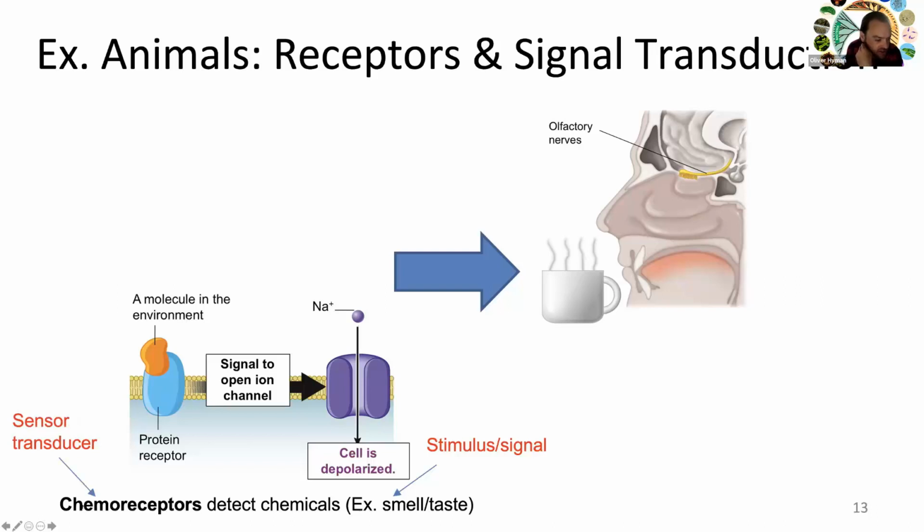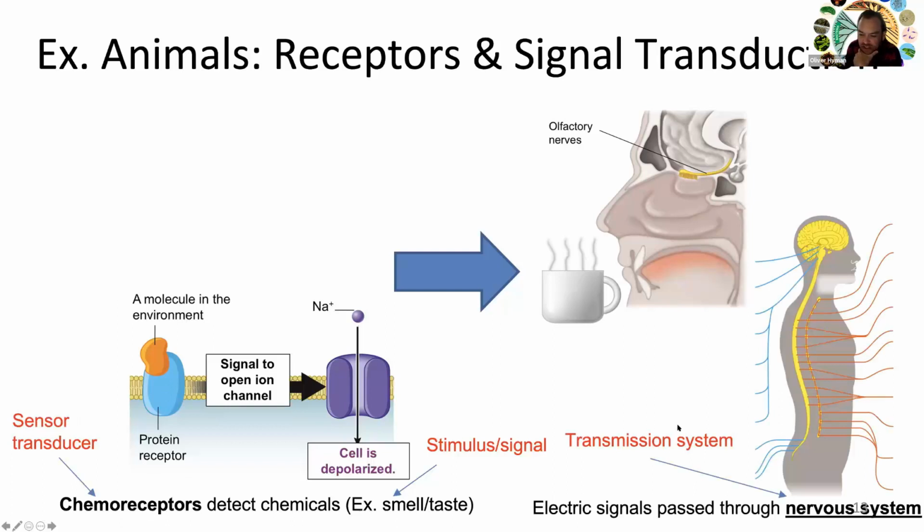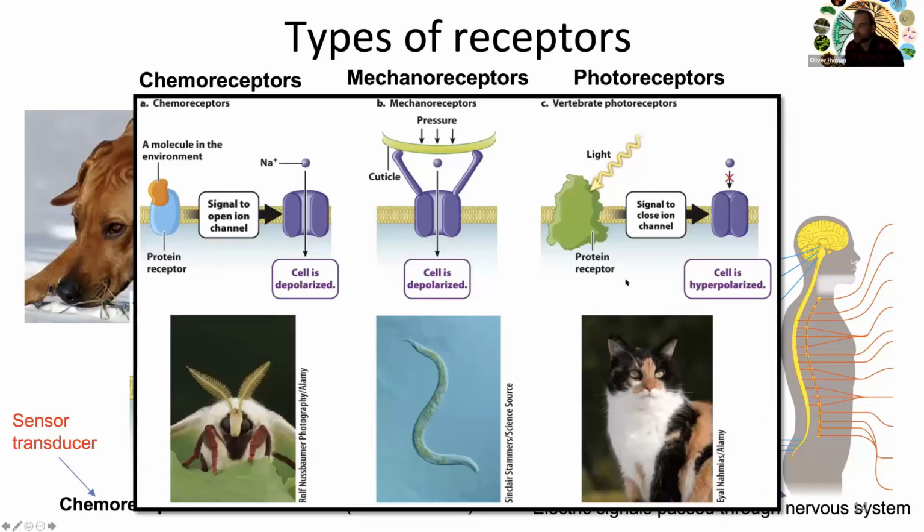You have a sensor or transducer. In this case, it's a chemoreceptor. And then you have the transmission system. So the chemoreceptor turns that chemical signal into an electric signal that spreads through the central nervous system. And then you have an effector or response. In this case, you might salivate in response to the smell of coffee in the morning. And in fact, animals have a whole bunch of different types of receptors.